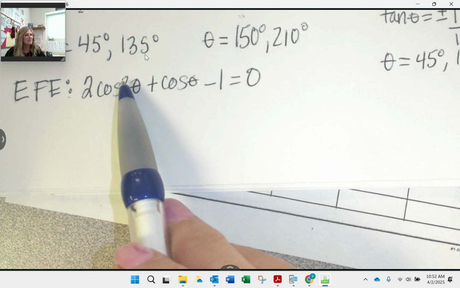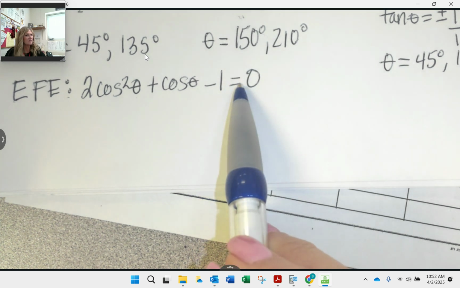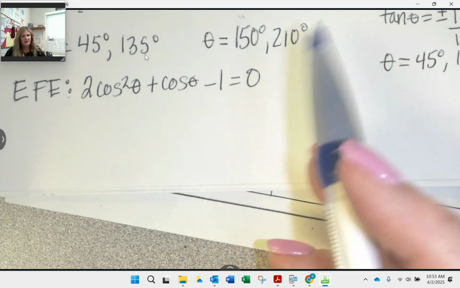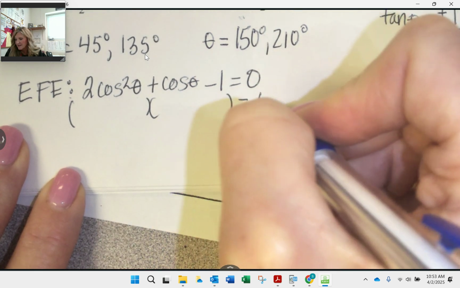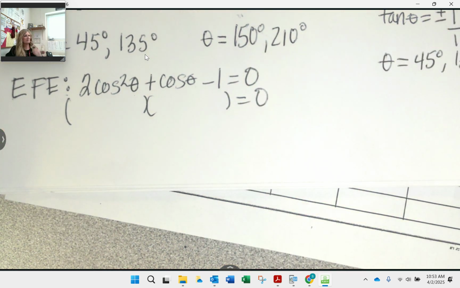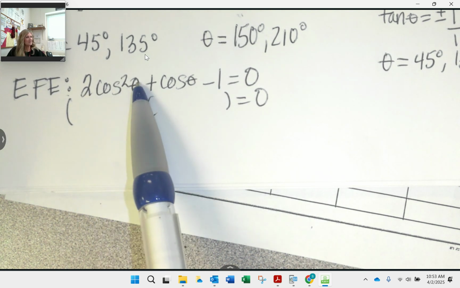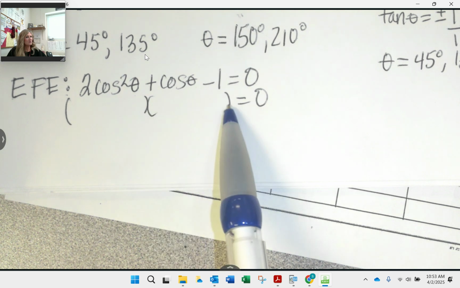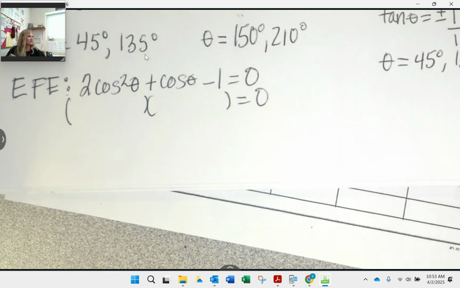I'll give you a hint that you start like this. You have to think what times what gives you 2 cosine squared theta? What times what gives you 1? And the outers and inners have to give you a cosine theta. Take a minute and figure that out. I know you can do this.